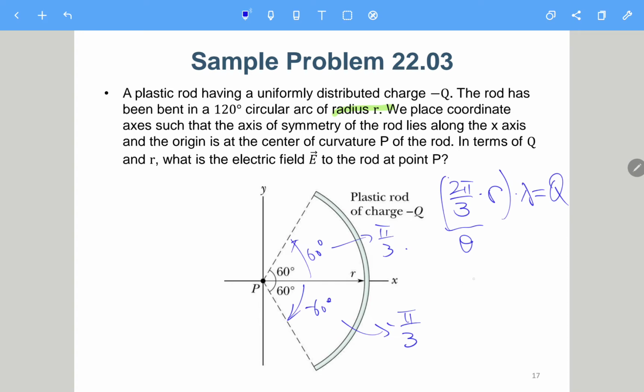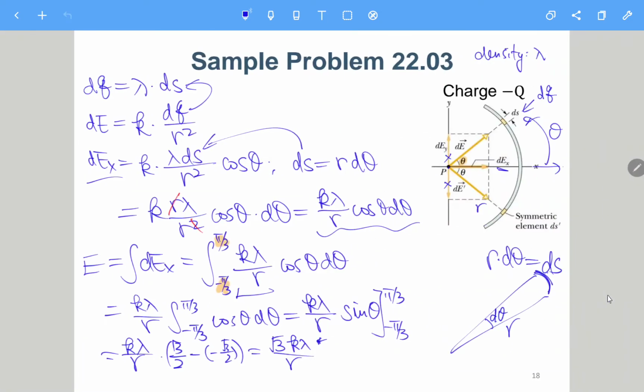So we can find that lambda should be 3q over 2 pi r. So lambda equals 3q over 2 pi r, and then we plug this one here.